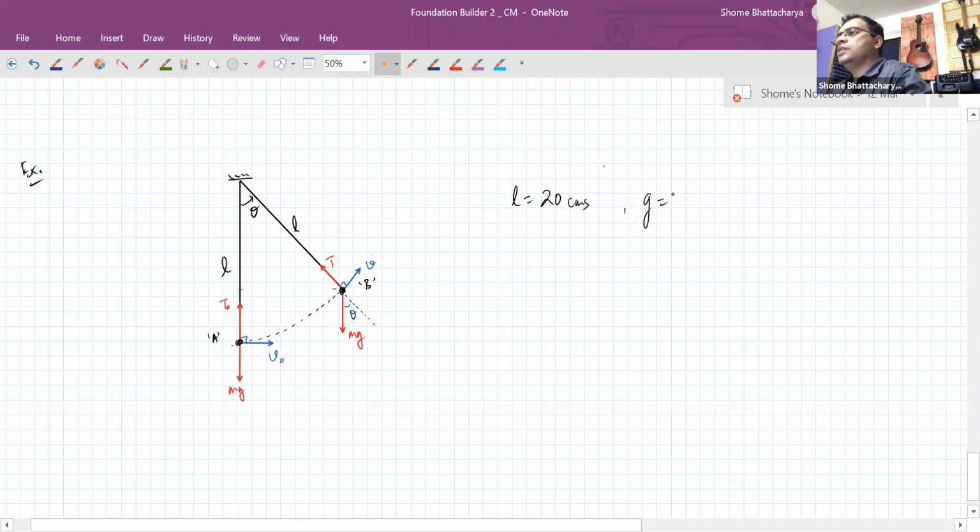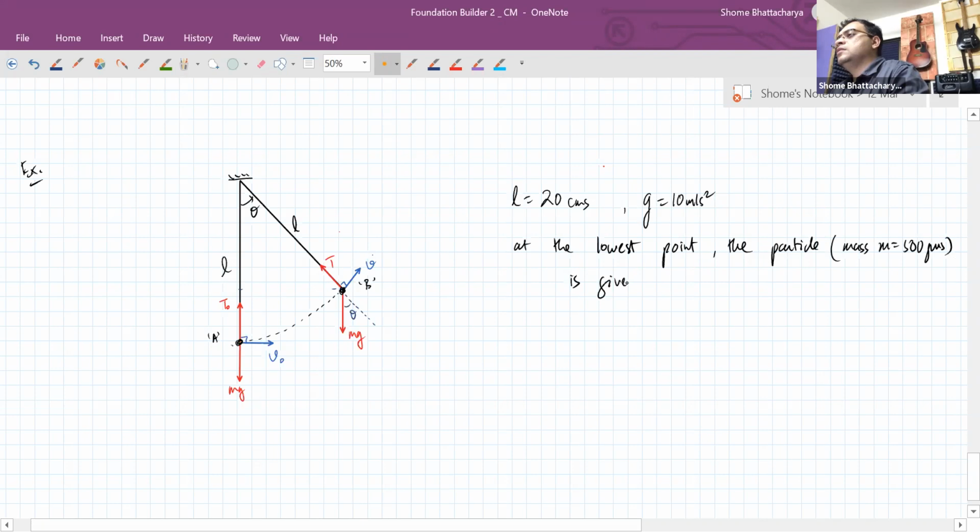We'll take acceleration due to gravity as 10 meters per second square. Okay. Now, at the lowest point, the particle of mass m is equal to, let's say, 500 grams is given horizontal velocity v naught of, let's say, 2 meters per second.